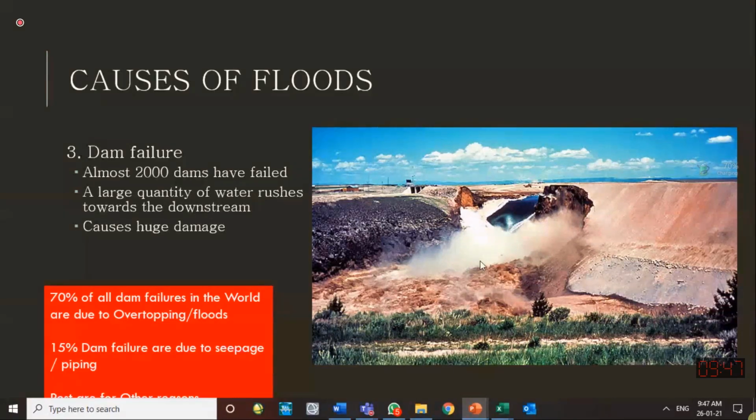And when seepage occurs, if that seepage is of sufficient high quantity, it also takes along with it the particles of the dam body. And if it is not checked, if it is not stopped, it continues and a hole is generated in the body of the dam. And that also continues to enlarge, and finally it becomes so large that the body of the dam collapses down and a huge flood is generated downstream side.